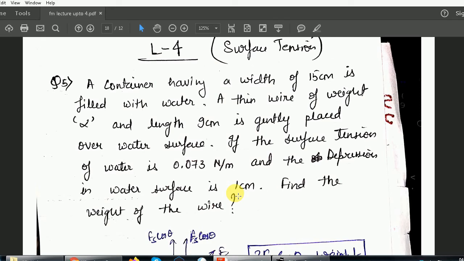This is a surface tension question. So the answer you will get after solving this fifth question: alpha, the weight of the wire, is 1.736 into 10 raised to minus 3 Newton.